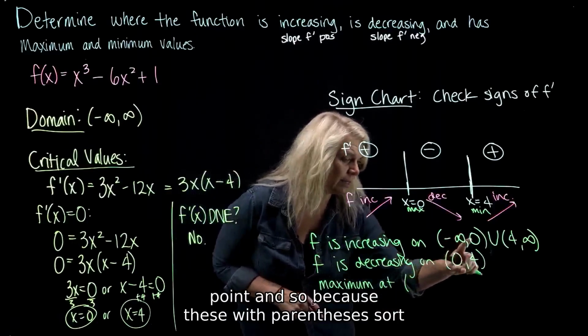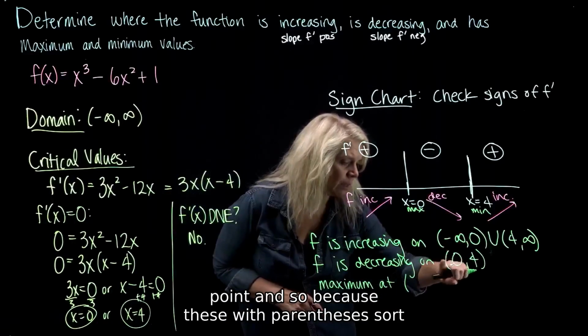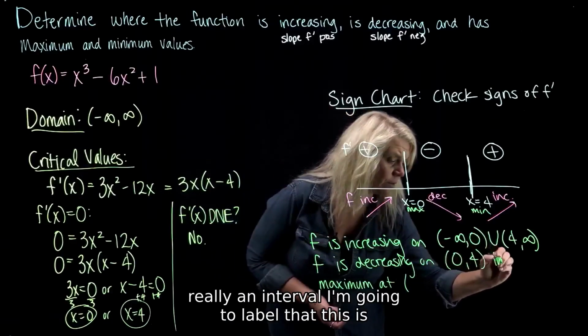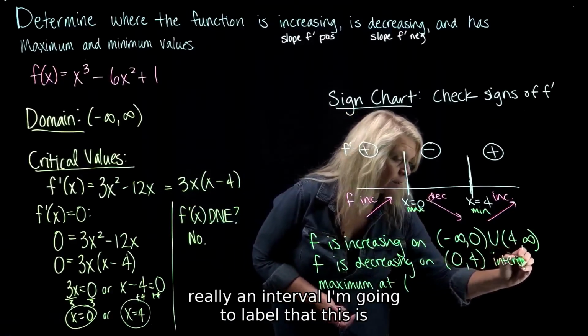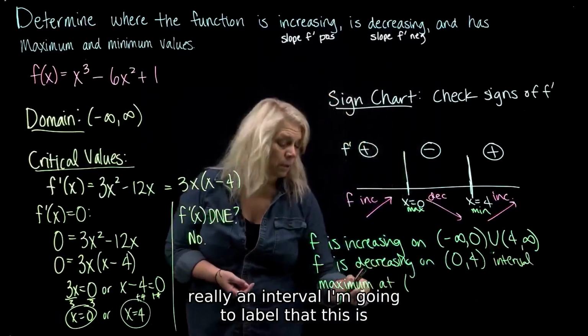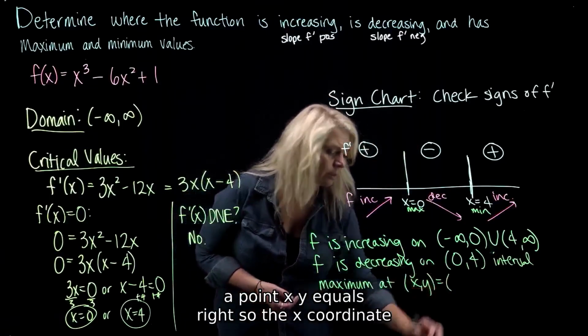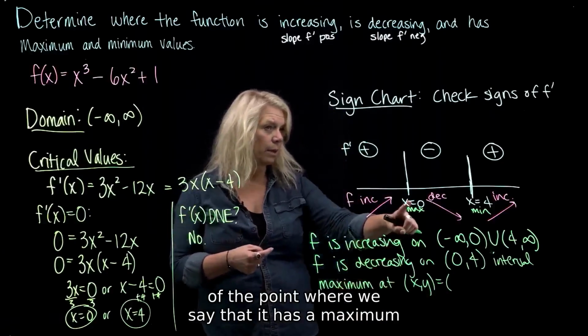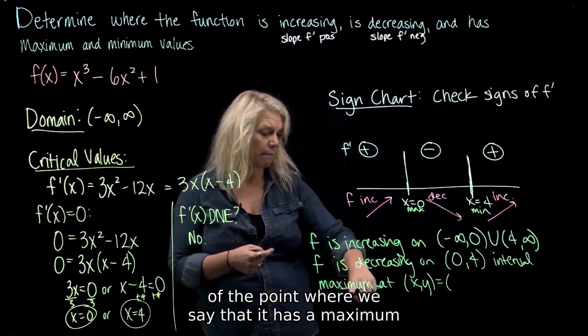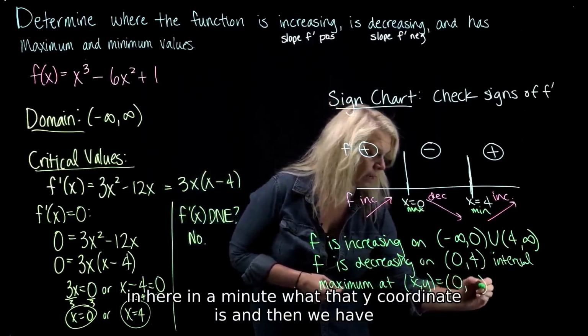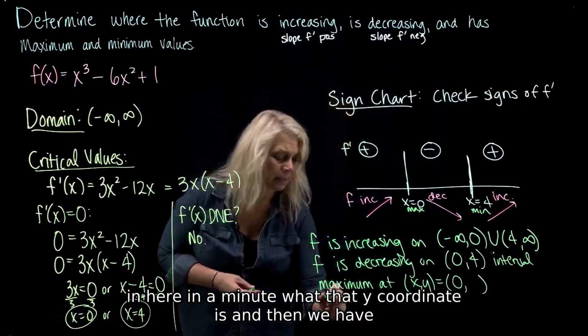Because these parentheses sort of look like a point (0, 4), but that's really an interval, I'm going to label that this is a point x, y equals, right? So the x coordinate of the point where we say that it has a maximum is at x equals 0. And then I'm going to fill in here in a minute what that y coordinate is.